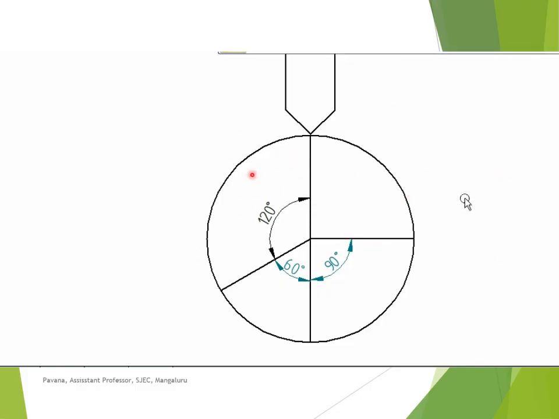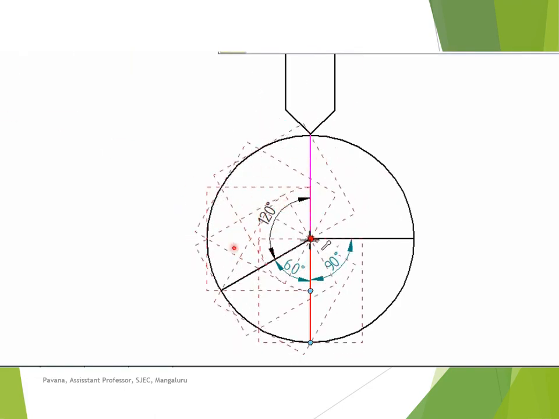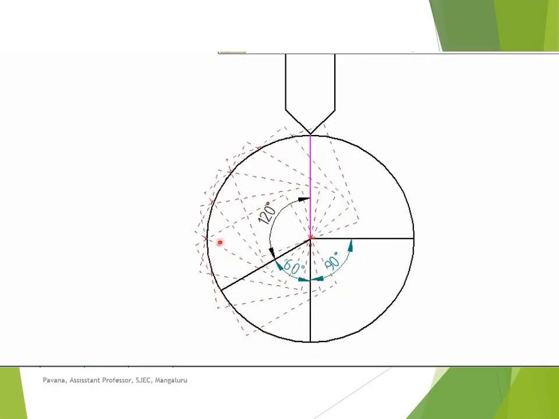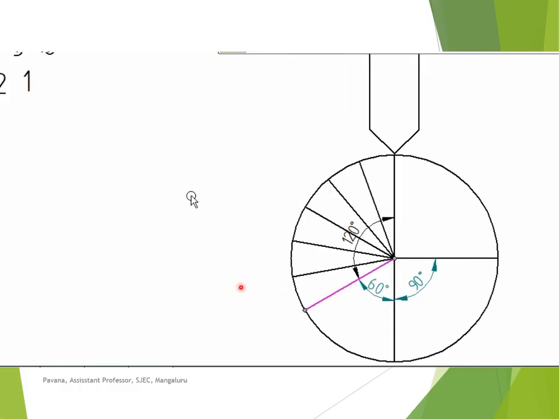Now first 120 degree. In the displacement diagram we divided that into 6 parts, correct. The same number of parts you divide here also. The 120 degree you divide into the same number of parts as you divided in the displacement diagram. So divide this 120 section into 6 parts. 120 by 6, 20 degree each, so like this.